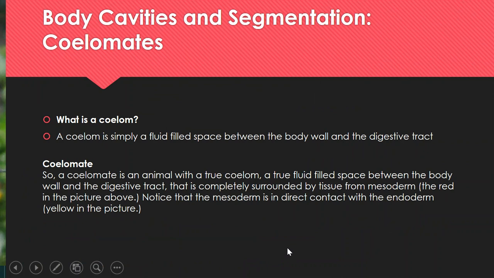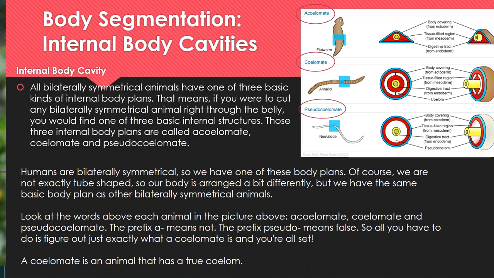What's a coelom? A coelom is simply a fluid-filled space between the body wall and digestive tract. So a coelomate is an animal with a true fluid-filled space between the body wall and the digestive tract that is completely surrounded by tissue from mesoderm. In the picture on the previous page, notice the mesoderm is in direct contact with the endoderm, which is yellow.